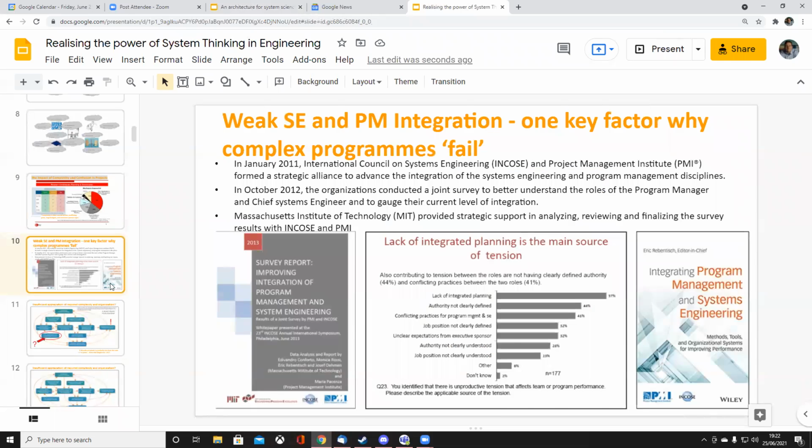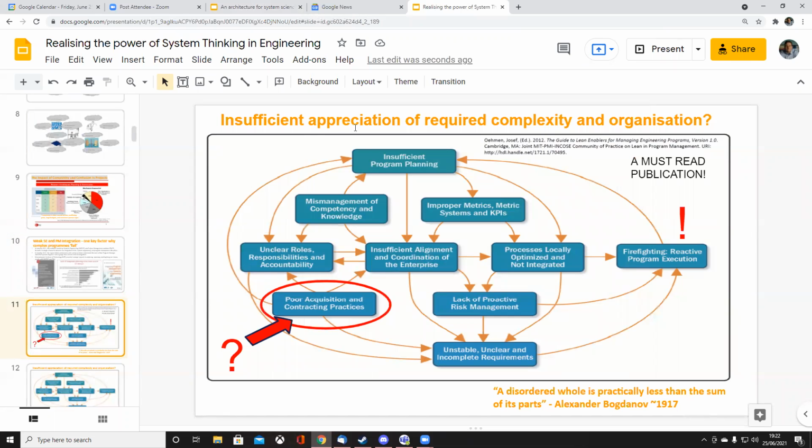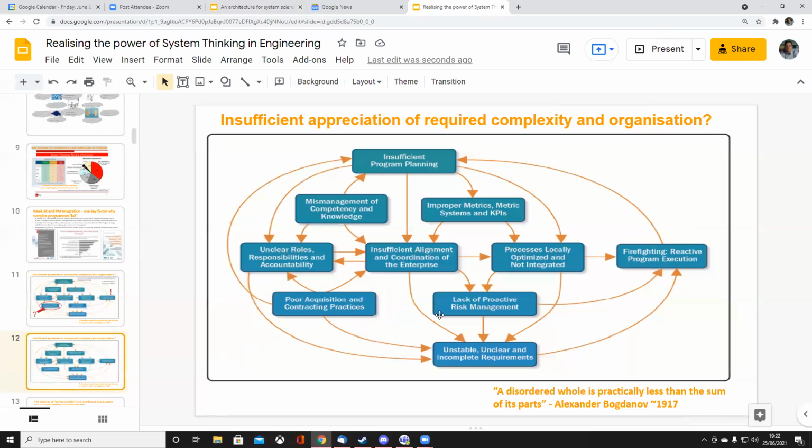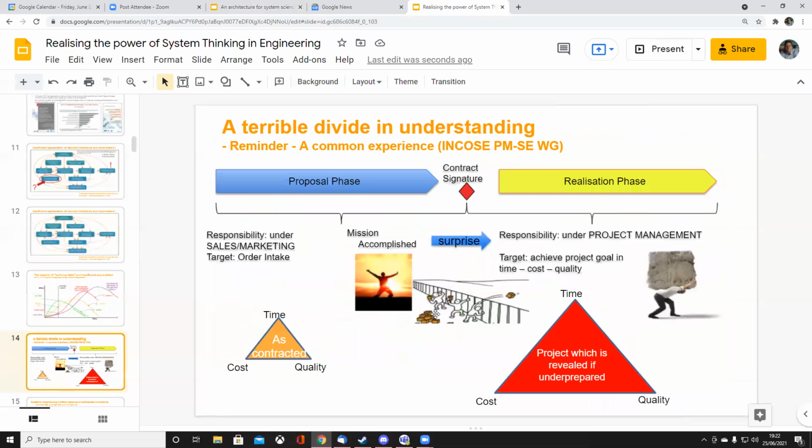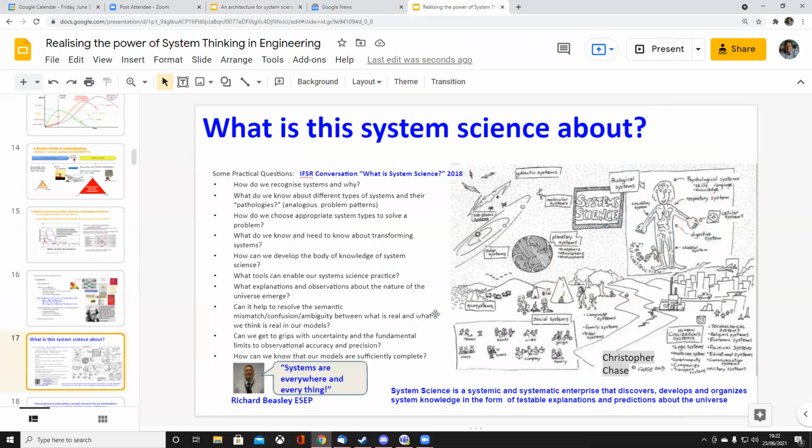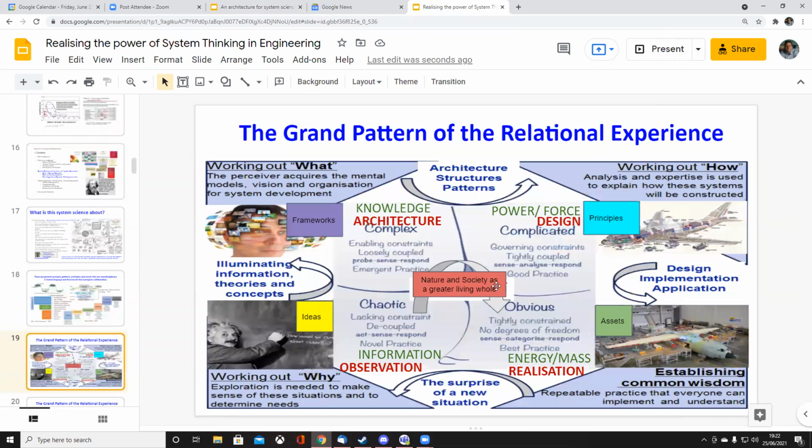And there's all sorts of reasons for this, but it's essentially insufficient appreciation of the required complexity and our ability to organize towards these complex problems. And it all relates back to this.